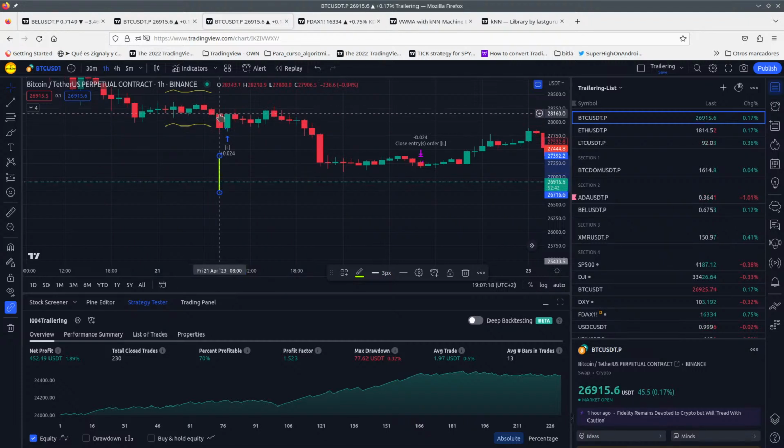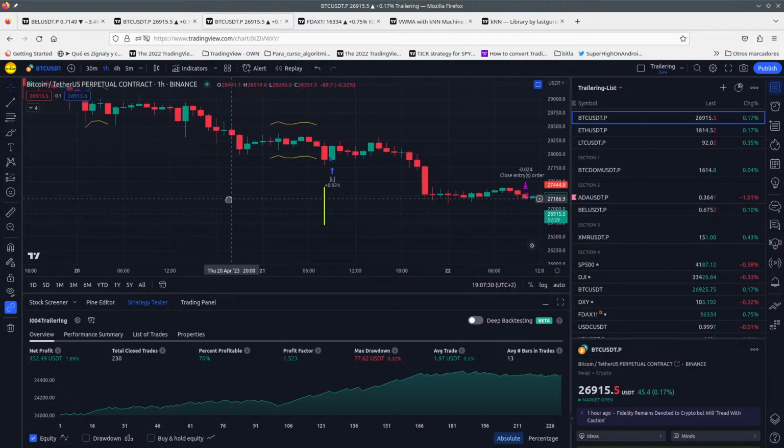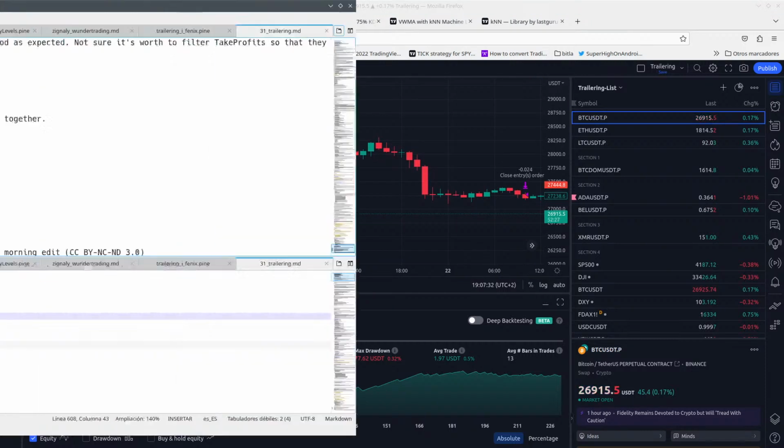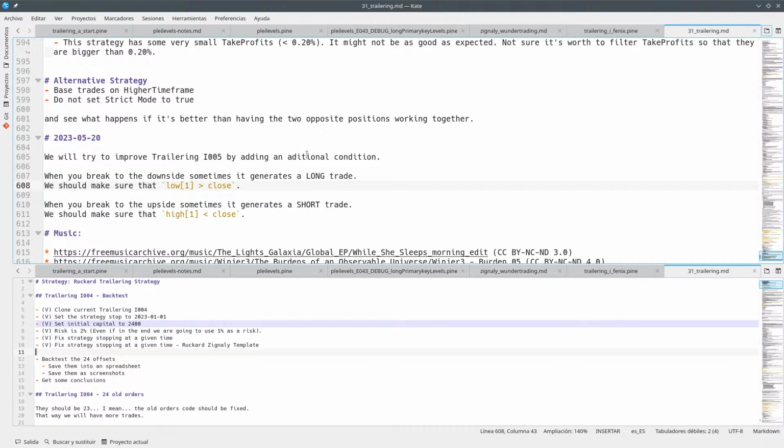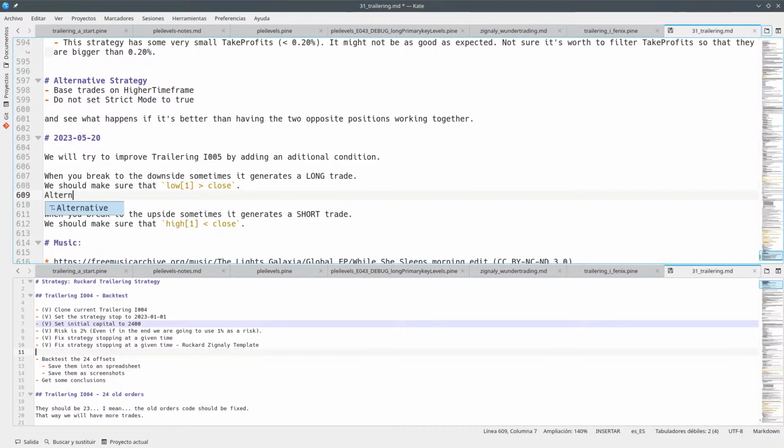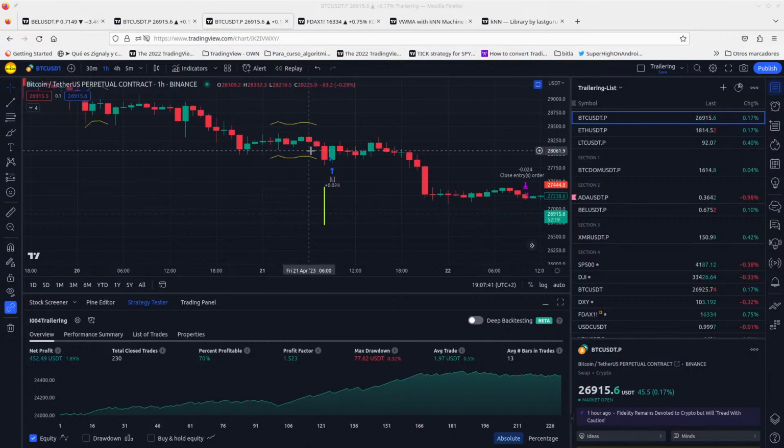Maybe we should expect this candle to have the high higher than this previous one, so that it's not so going down. Okay, let's write this down. Alternative.